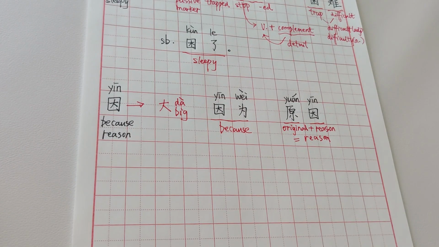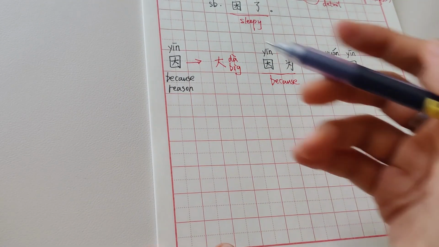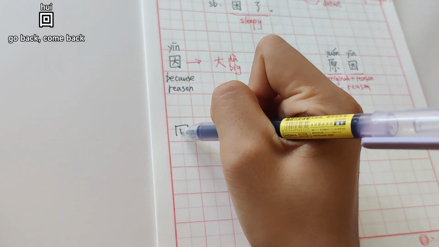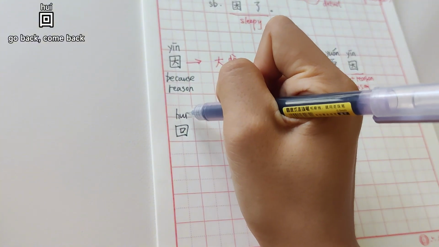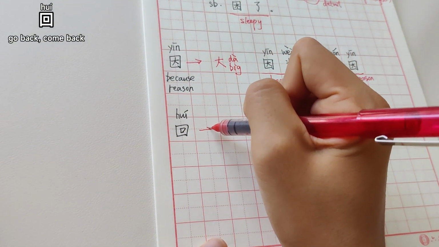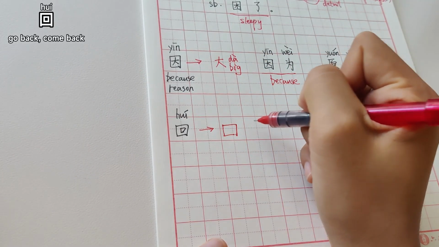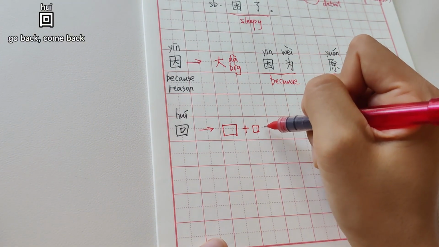And now let's get to the very last character of today. Also very simple. You put this inside. 回. So interesting word. You can see you just need a big square outside plus a small square inside.